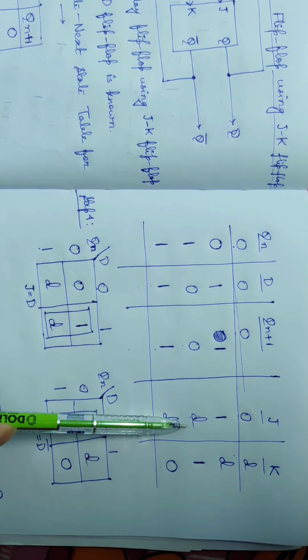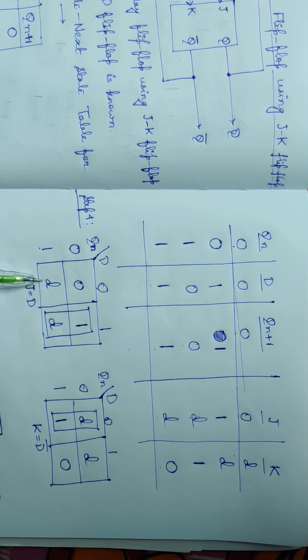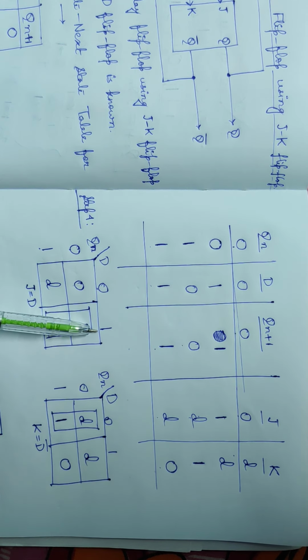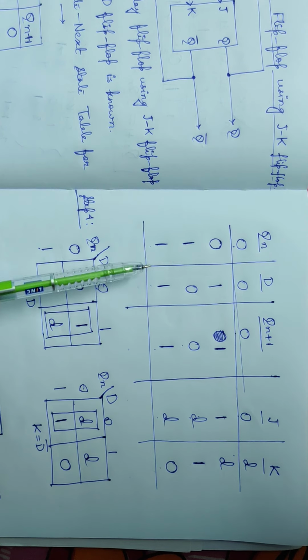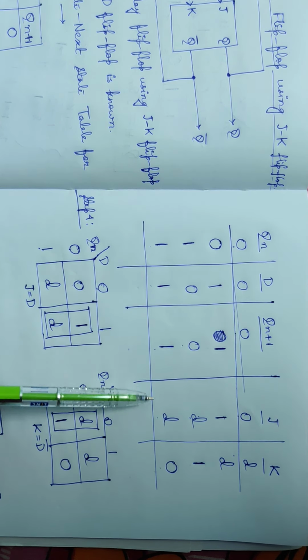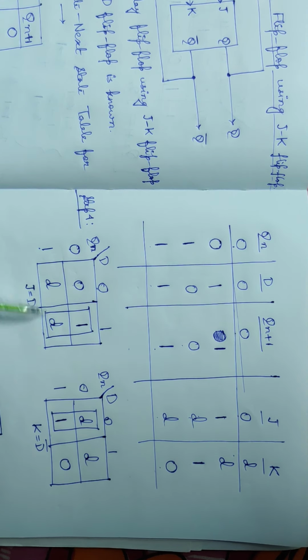The value of J is D. So here we are writing the value of J as D. Next, Qn equal to 1, D equal to 1. Then what will be the value of J? J will be D. So we are writing here D.